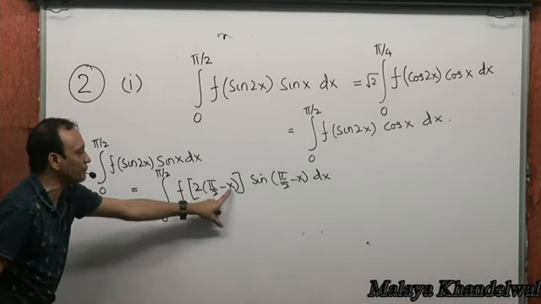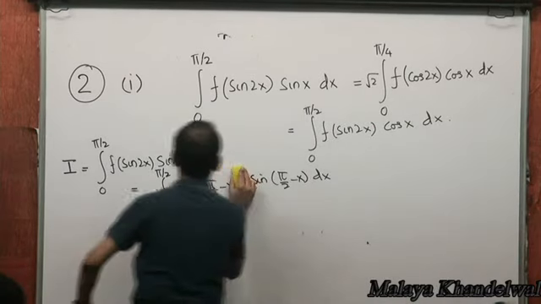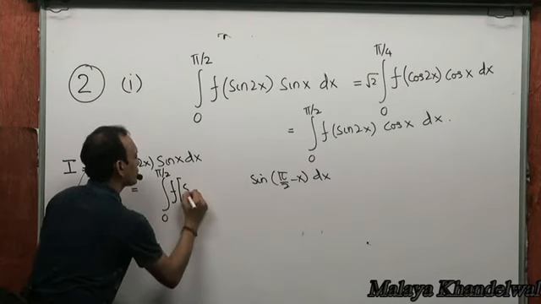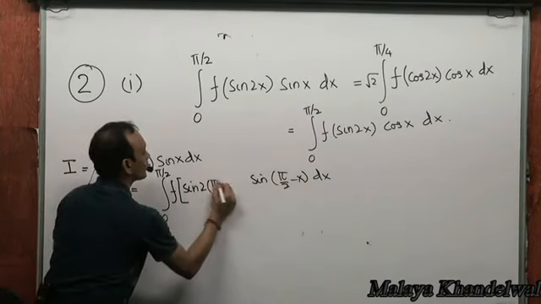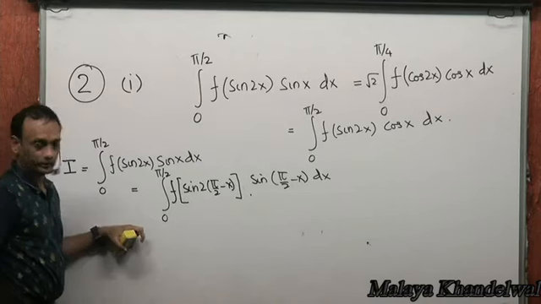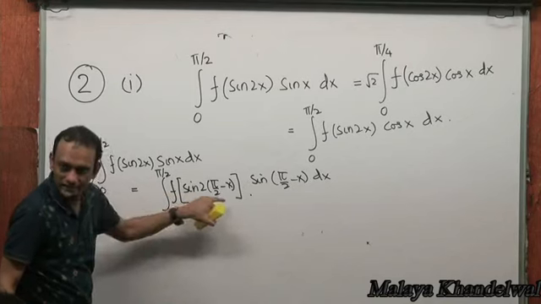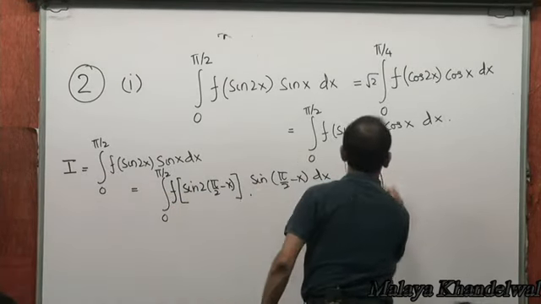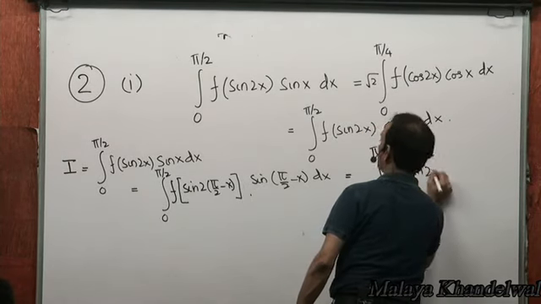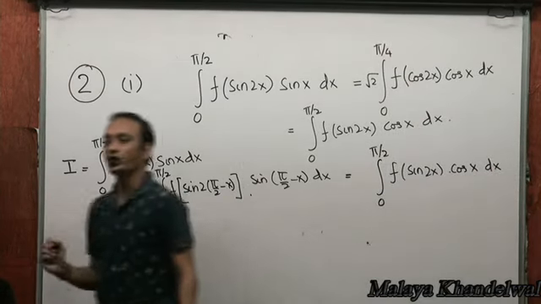This will become f of sine of pi minus 2x, right? Pi minus 2x, that will make it sine 2x, f of sine 2x, and into cos x. So 0 to pi by 2, f of sine 2x into cos x dx. This is how it goes.